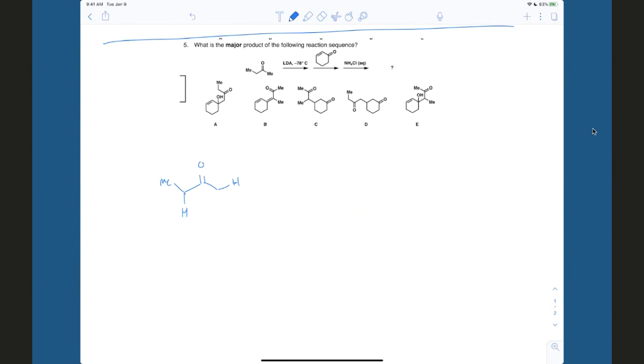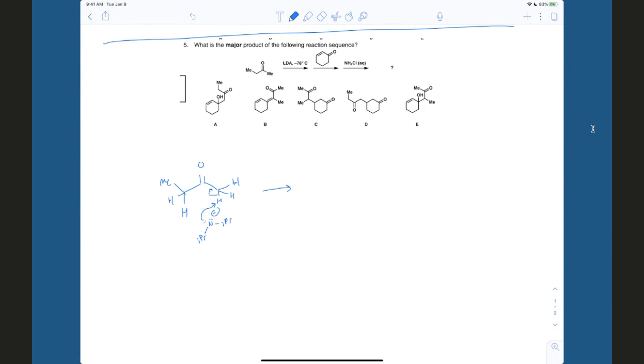Where is LDA going to deprotonate? The least substituted. Yeah, so we're going to go after one of the 3 hydrogens right here on this methyl. The methyl will be the most accessible to LDA.